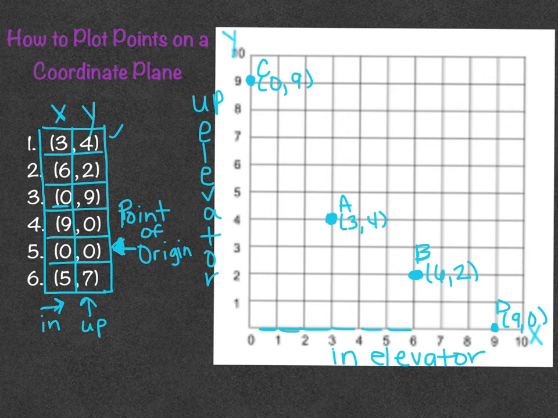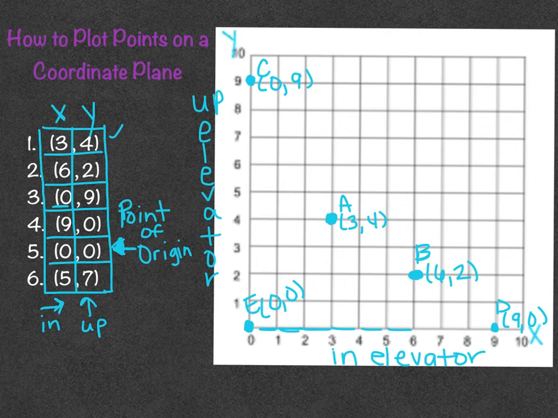The word origin means where something originates, where something starts, okay? So 0, 0. If I go in 0, that means I'm not going in anything. I go up 0, my point would be right here. We could again label it point E, or I could just put the ordered pair of 0, 0. And that is your starting point. So that's your point of origin.